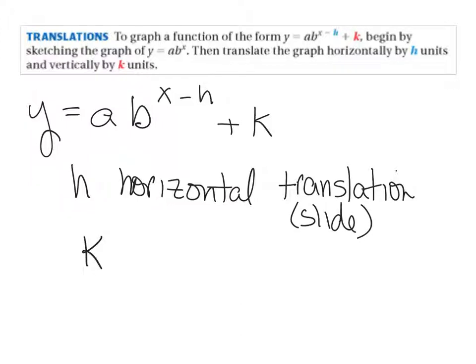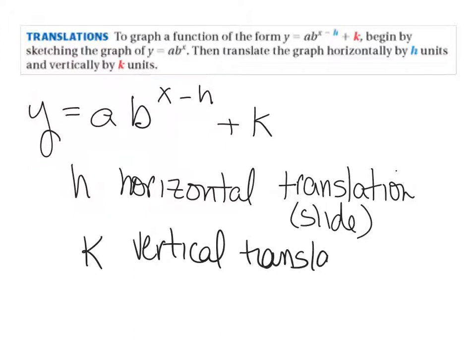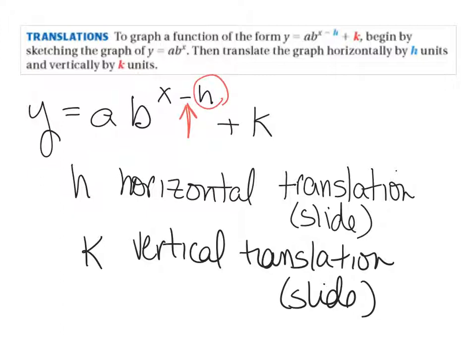And the k is a vertical translation, which, again, is just a slide. You guys are probably hearing more clicking noises with my new pen. Sorry. Point out, though, it's x minus h, so h would be my horizontal left and right, and then k would be my vertical up and down, but that would be a plus in front of the k and a minus in front of the h.